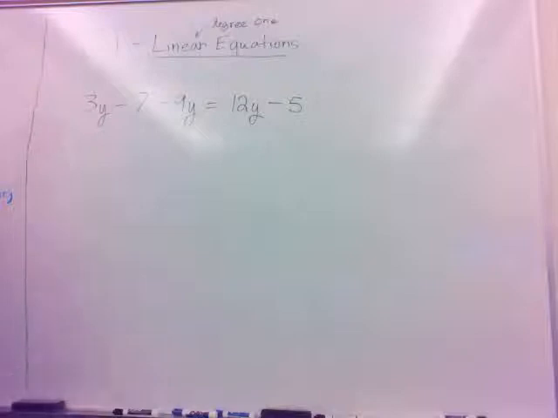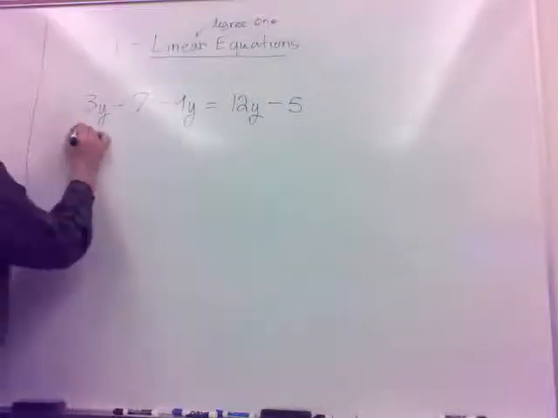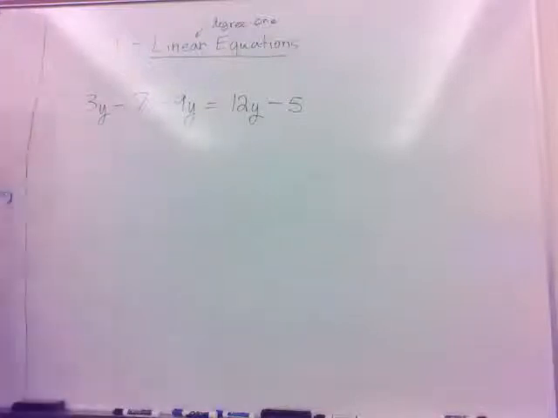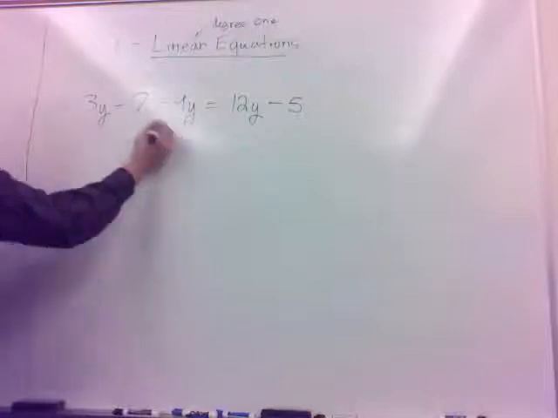Very similar to the previous one, but I do have one thing on the left that I didn't have on the left a while ago. Yeah, I've got like terms on the left. And anytime you have like terms on one side, you will want to combine those. 3y minus 9y. Combine the like terms here.